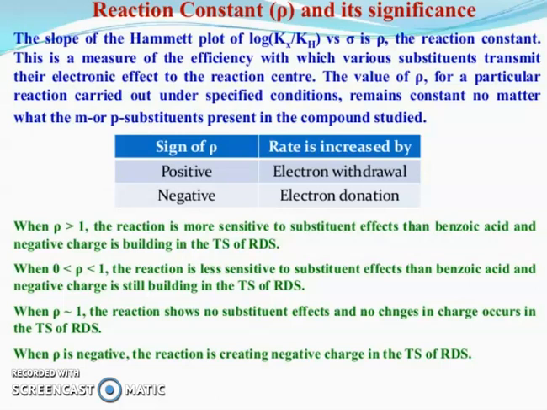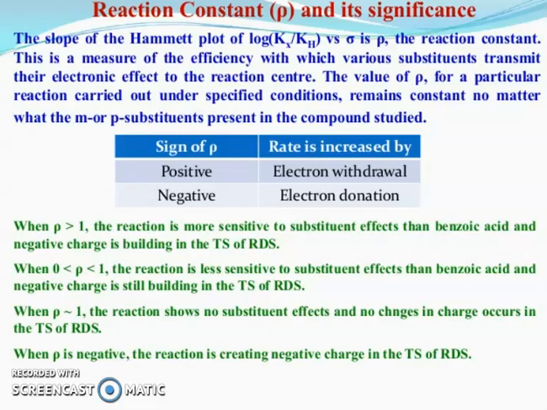When rho is greater than 1, the reaction is more sensitive to substituent effects than benzoic acid, and negative charge is building in the transition state of the RDS. When rho is less than 1, the reaction is less sensitive to substituent effects than benzoic acid, and negative charge is still building in the transition state.